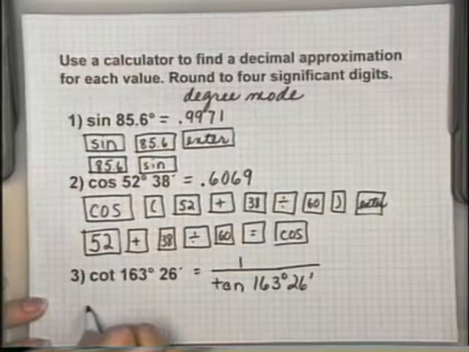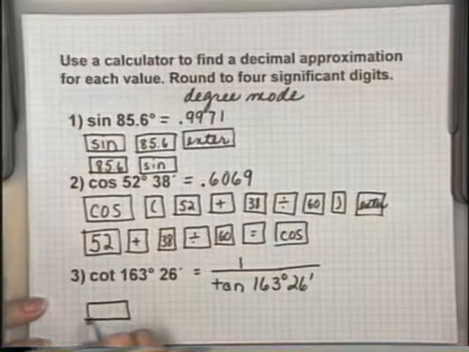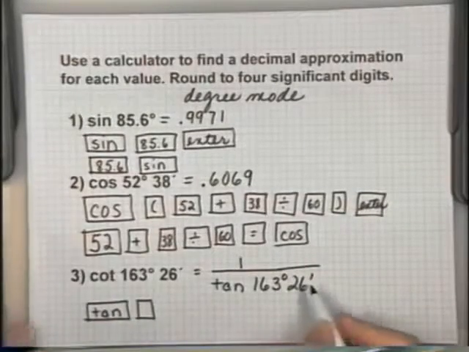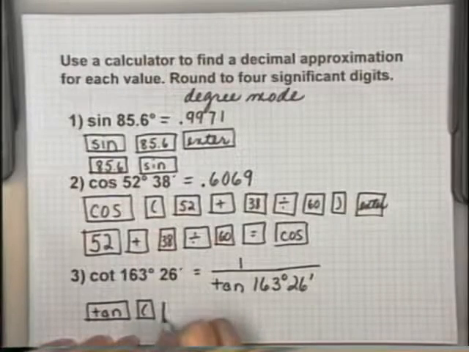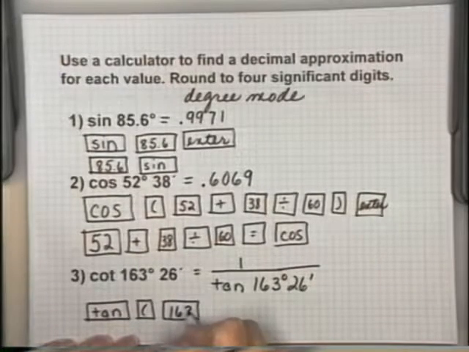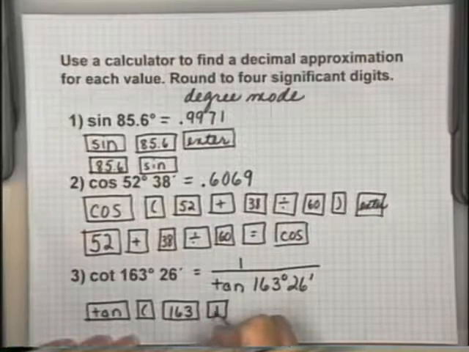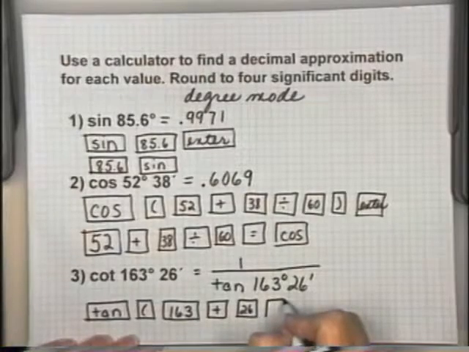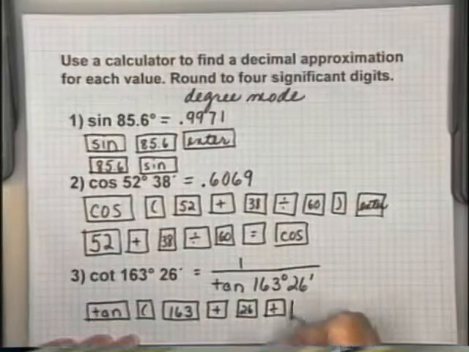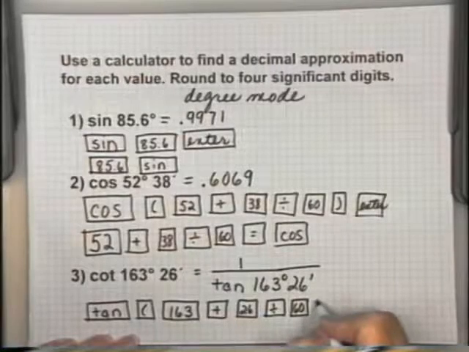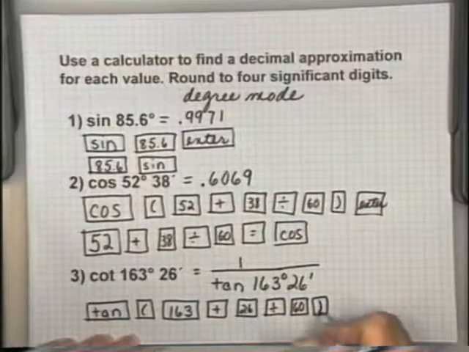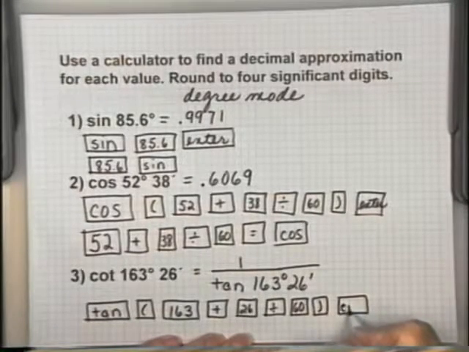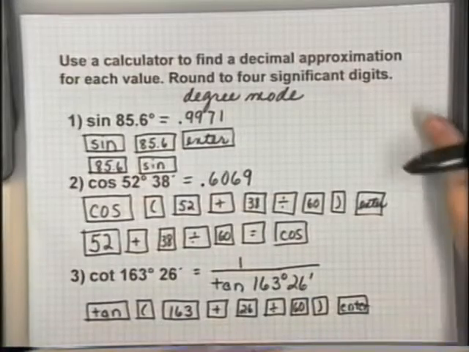So to find that tangent value, hit your tangent button. We have to convert this angle to decimal degrees, so we'll use parentheses, 163 plus 26 divided by 60, close parentheses, hit enter, and let's do a checkpoint here.